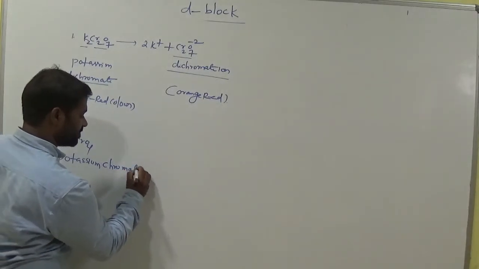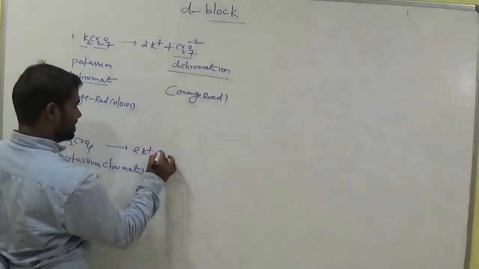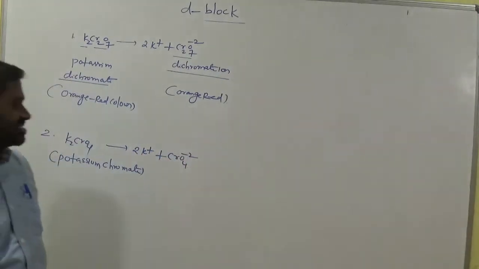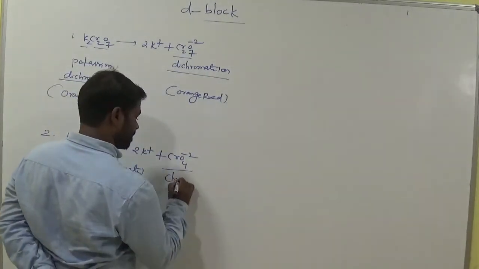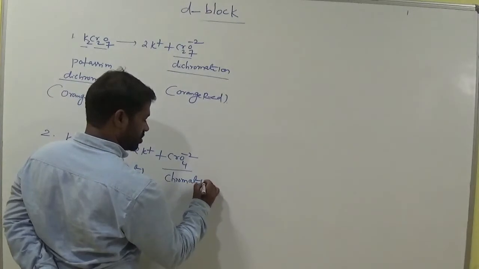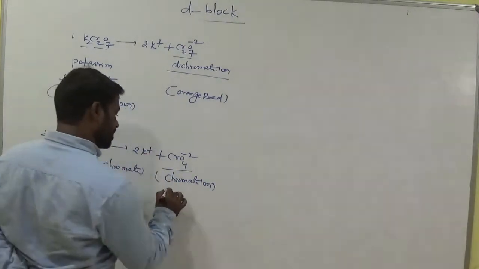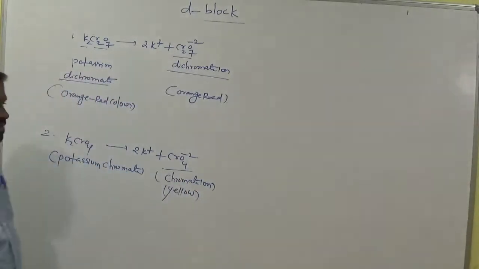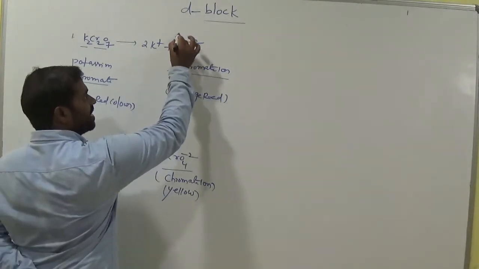Clear, students? It gives 2K plus and CrO4 minus 2. This is called the chromate ion, which is in yellow color. If you calculate the oxidation state of chromium, here it is plus 6.